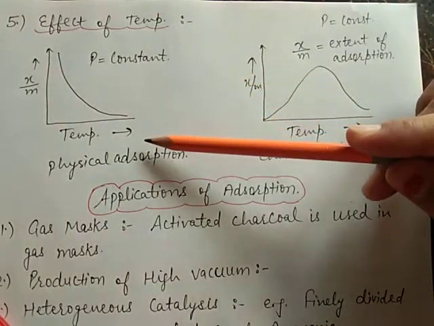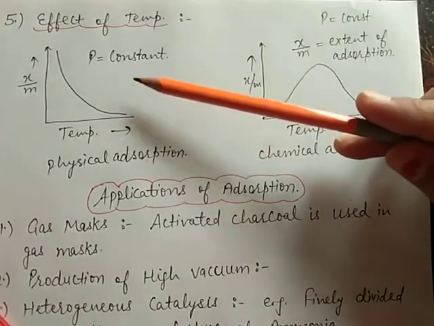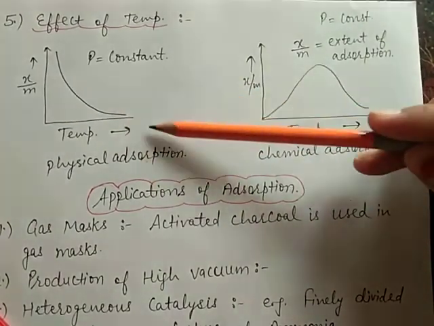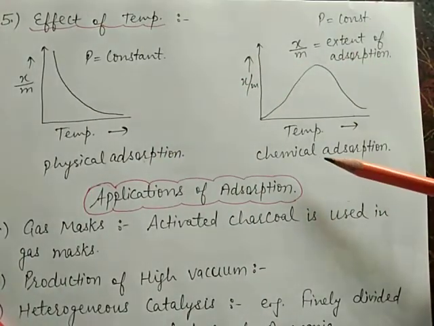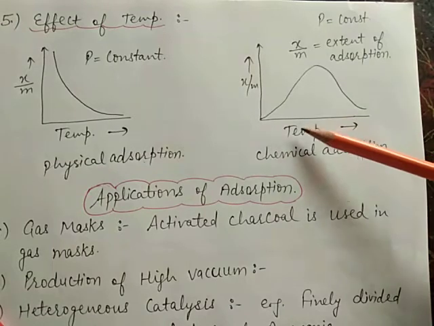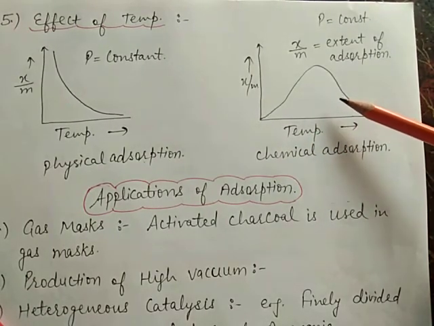So we can see that in case of physical adsorption, temperature is inversely proportional to adsorption, but in case of chemical adsorption, temperature is directly proportional to the extent of adsorption.